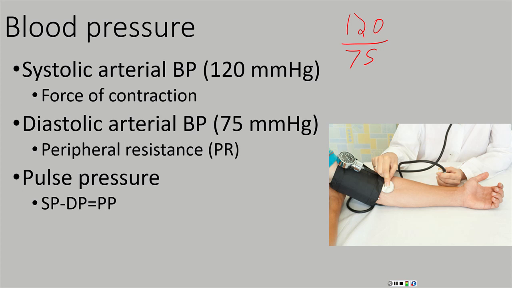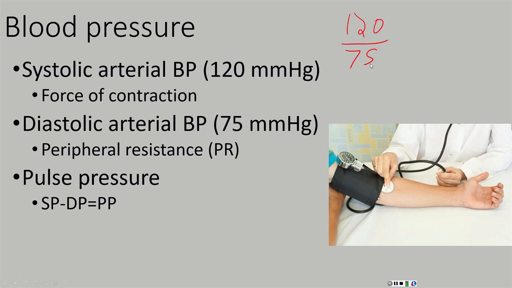This is the pressure in the aorta during that time, and it's actually going to be determined by the force of contraction of the ventricle. The force of contraction is going to push blood either more forcefully or less forcefully into the aorta. So this number on top, the systolic arterial blood pressure, is determined by that force of contraction.